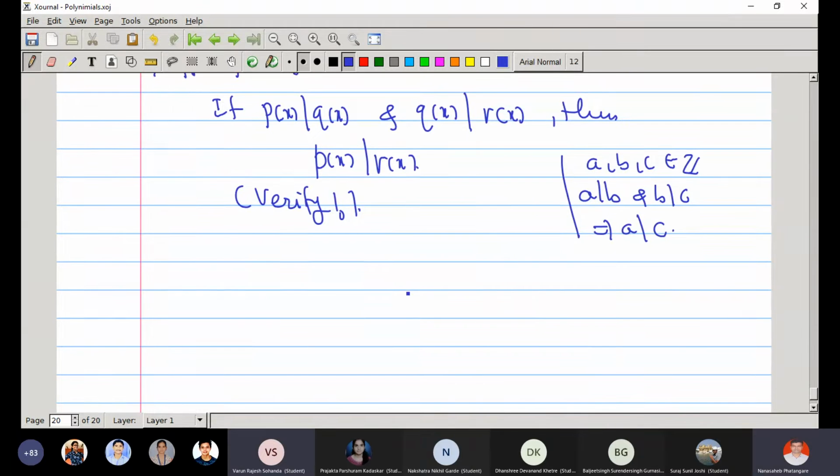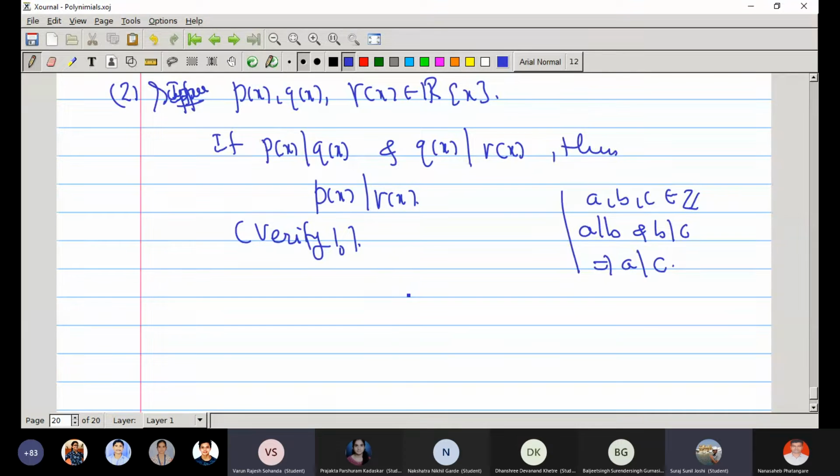Yes, it is true. Because we already learned that divisibility is a transitive relation, right? If A divides B and B divides C, then A divides C. The same is true for polynomials, and you verify this by the definition of divisibility.